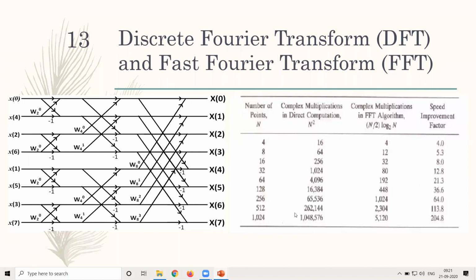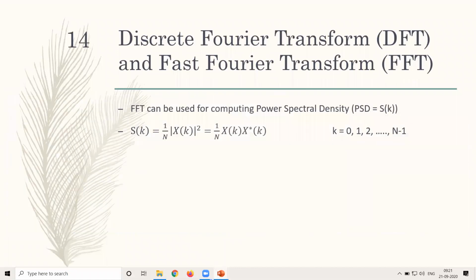And we saw how many complex multiplications are required. Along with this, you can also estimate how many complex additions are required as compared to the direct computation and as compared to the FFT computation. So you can estimate those things, and you can bring out the differences between FFT and DFT. So now continuing with respect to the previous class.